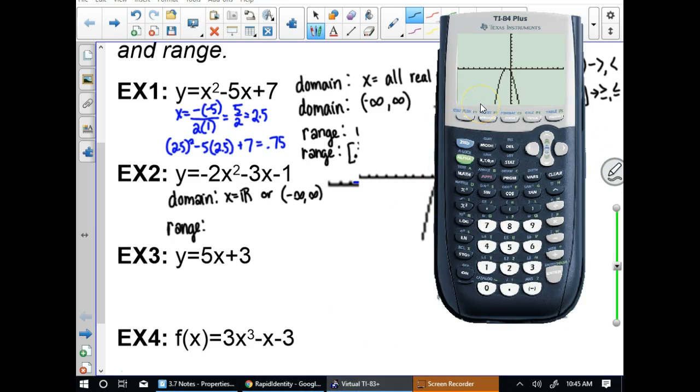All right, range. What do you guys think for the range? What do you think, Leah? 0.125?